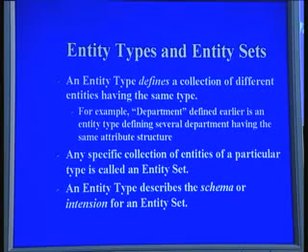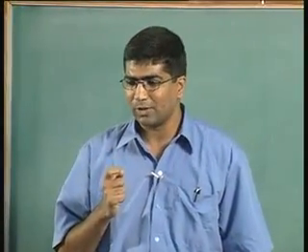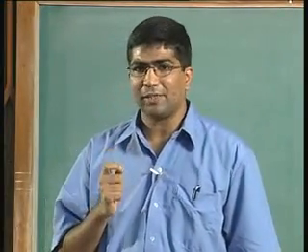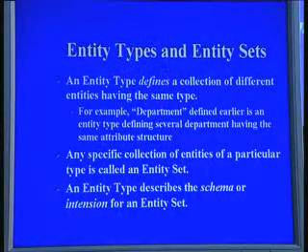So let us come back to entities and define a few more terms with respect to entity types. I've been using the word entity type, but have never really formally defined this term, right? So an entity type defines a collection of different entities of the same type. For example, in this slide we give the example of department.